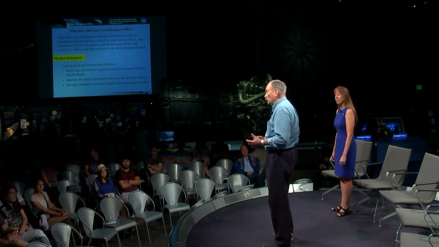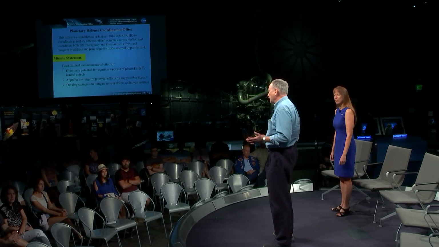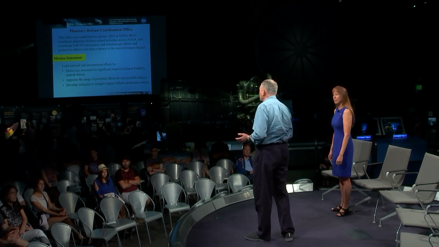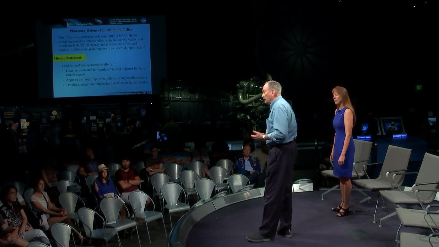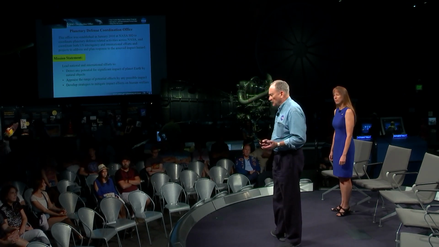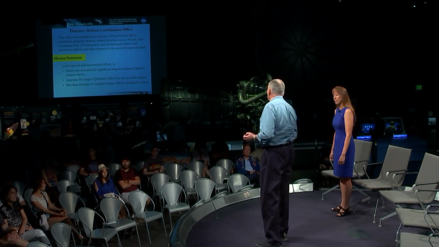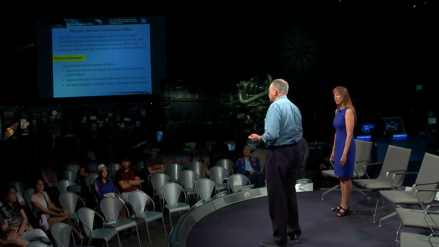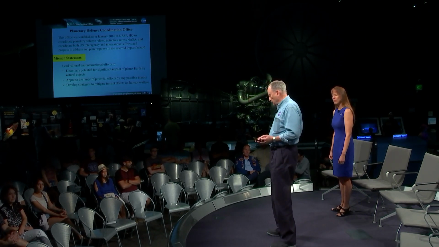So we lead in our efforts to detect any potential impact that could do significant damage at the Earth's surface, be able to, once that object is detected and we've tracked it, to appraise what the effects of an impact by that object might be so that we can inform the government and our decision makers as to what might need to be done, and also work to develop strategies that the U.S. government would use to respond to the threat.